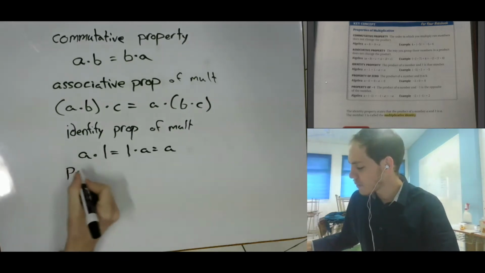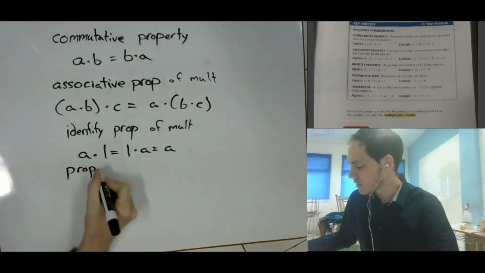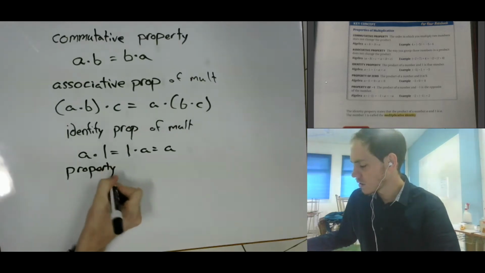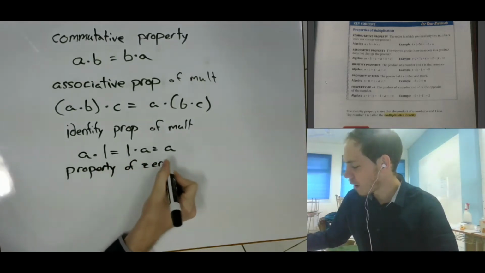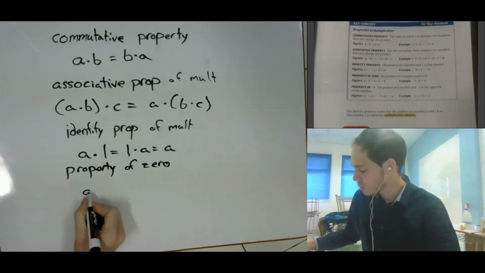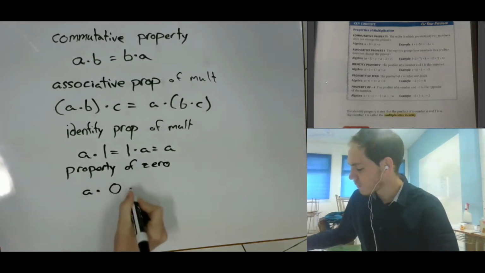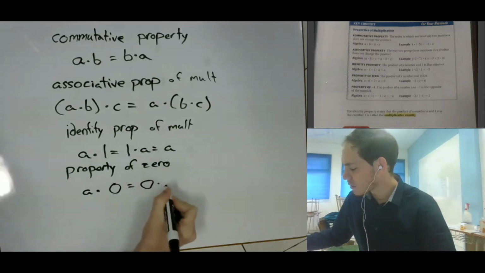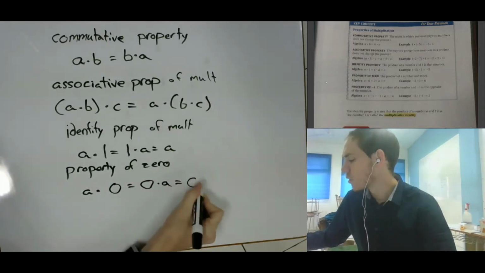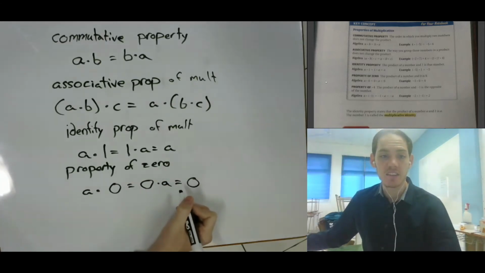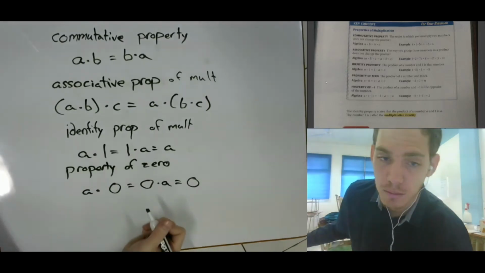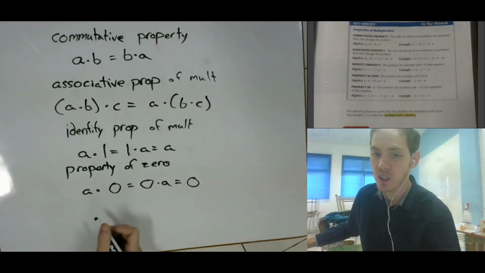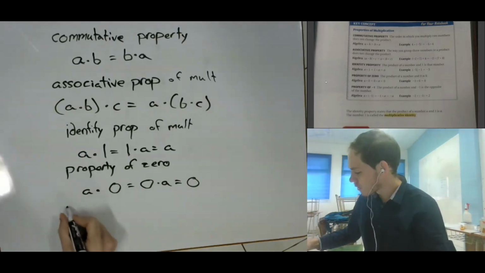Now there's a property of 0. Okay, a property of 0 is if you multiply any number times 0, or 0 times any number, you will automatically get 0, okay? So 0 times anything, or anything times 0, you get 0, okay?